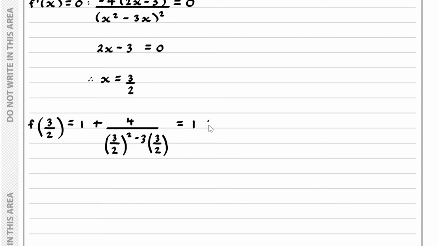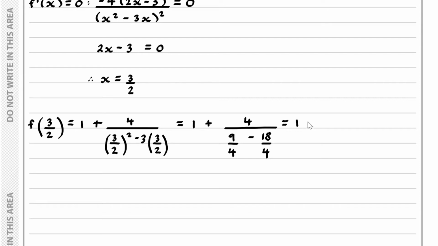We have 1 plus 4 over, well here 3 over 2 all squared is 9 over 4, and then we have negative 3 multiplied by 3, so that's negative 9, and then we divide this by 2. Now negative 9 over 2, that's the same as negative 18 over 4. If we write these over a common denominator, it makes it easier to work out this calculation.